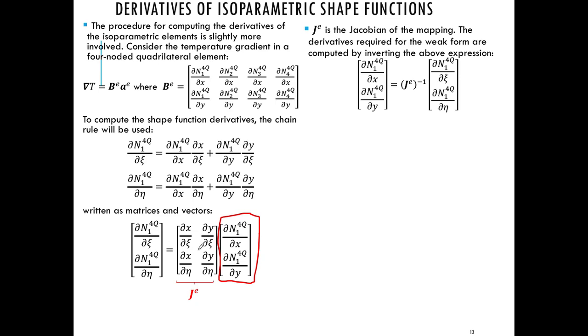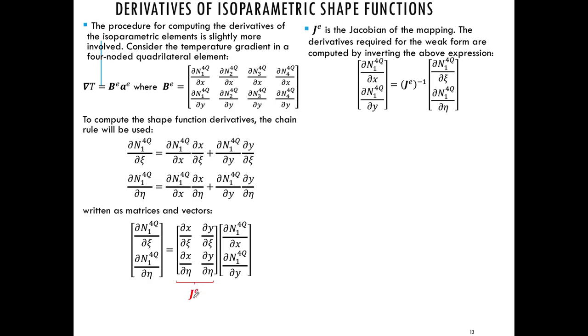Now, just to make my life a little bit easier, because inverting it and representing it is more useful, it is better to write it more compactly by representing this matrix by this symbol J of that element E.